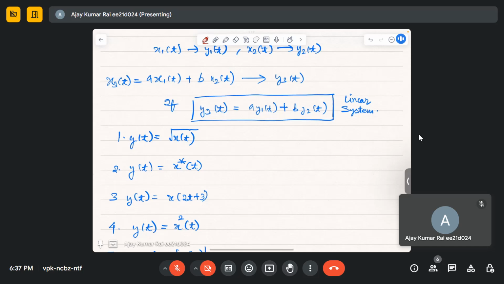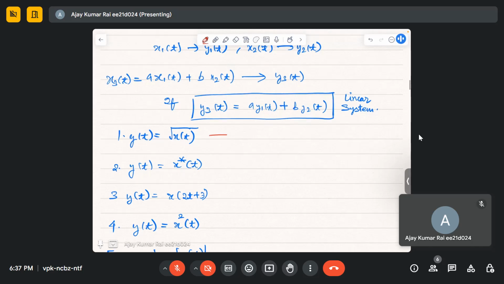y(t) equal to root of x(t). I will do this first one for you. If I give x1(t) as input, I will get root of x1(t) as output. Similarly, if I provide x2, I'll get root of x2.